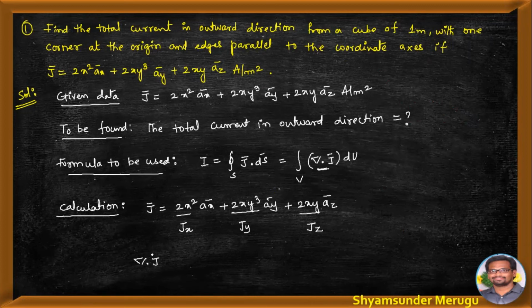So here del dot J bar can be written as dou over dou x of Jx plus dou over dou y of Jy plus dou over dou z of Jz.